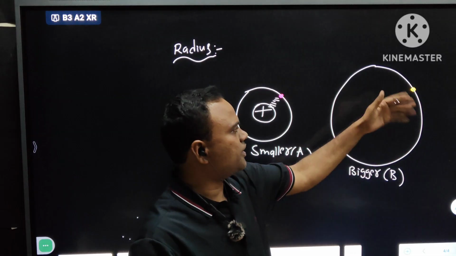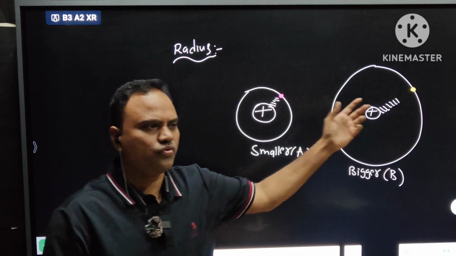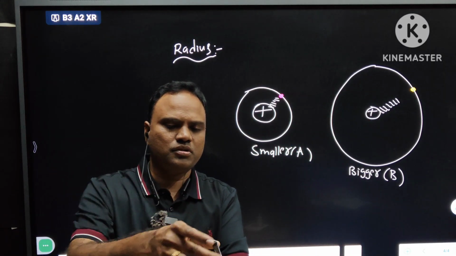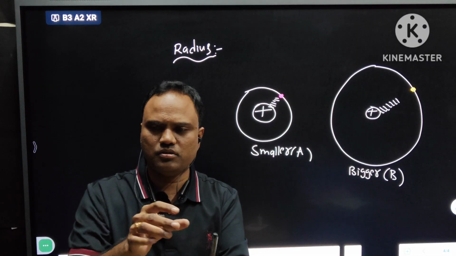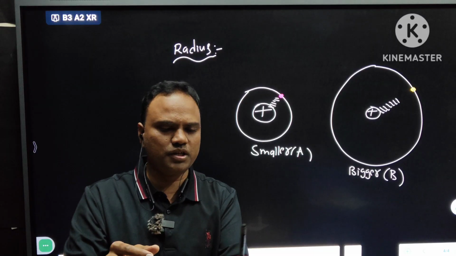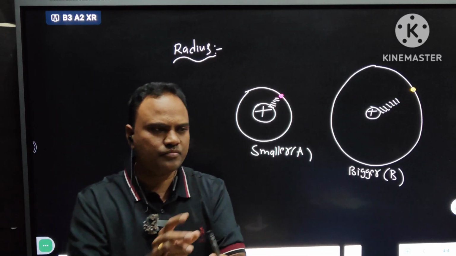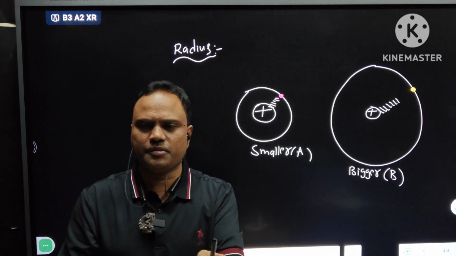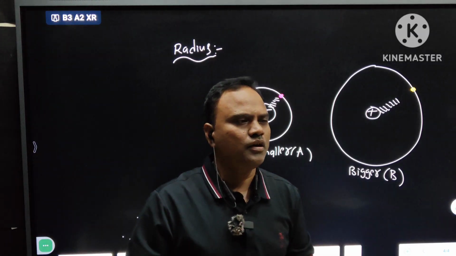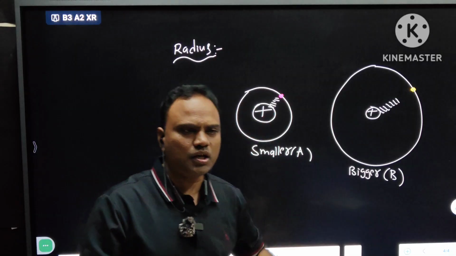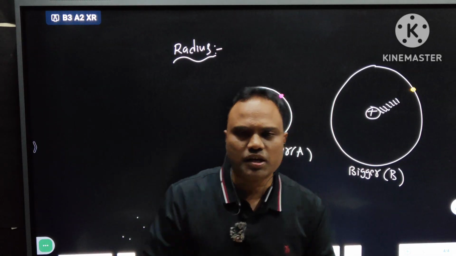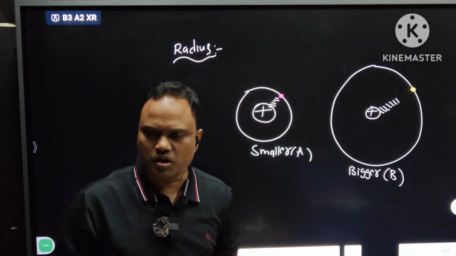It is considered like a free electron, with no force on it, a loosely held electron. So we can remove this electron easily. But in the smaller atom, the electron is tightly held and we cannot remove it easily. So simple logic: in smaller atoms, nuclear attraction is present on the outermost orbit; in bigger atoms, it is not.